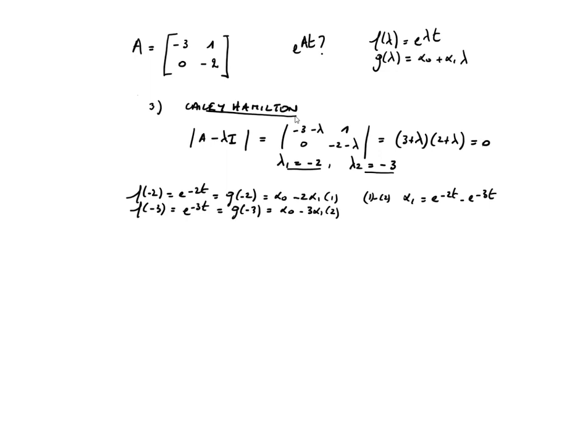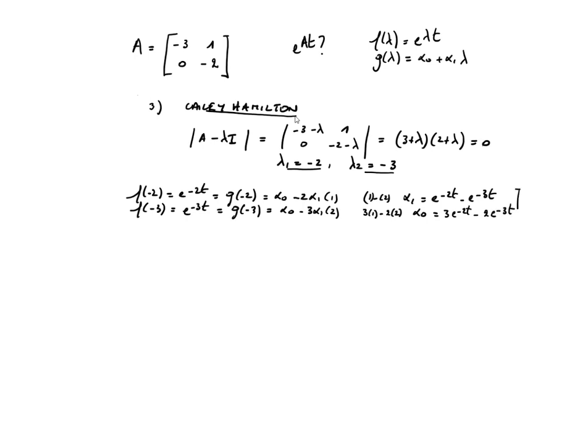If we do 3 times 1 minus 2 times 2, we'll see that alpha 0 is 3 times e to the minus 2t minus 2 times e to the minus 3t.